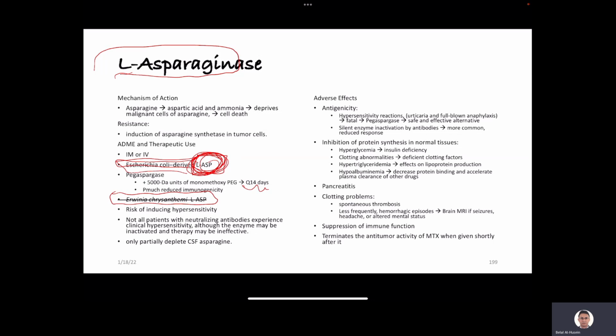Now, other adverse effects. Antigenicity could lead to one of two things. First, allergic reactions, and second, reduction of the activity of L-asparaginase, or development of, or relapse of the disease, or refractory disease, like disease not responsive to therapy.